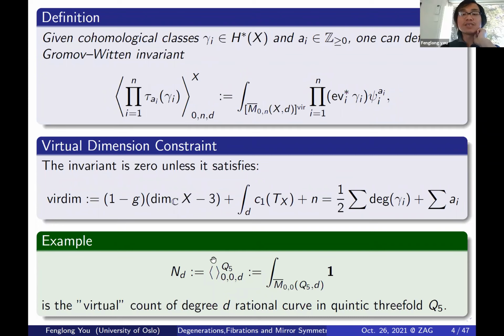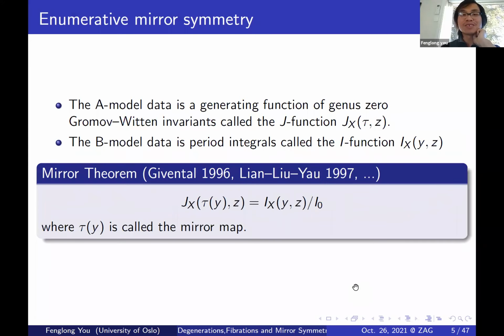And this invariant gives a virtual count of degree D rational curves in the quintic threefold. So that's the definition for Gromov-Witten invariants. Let me know if you have some questions.